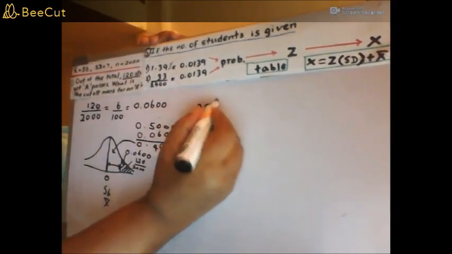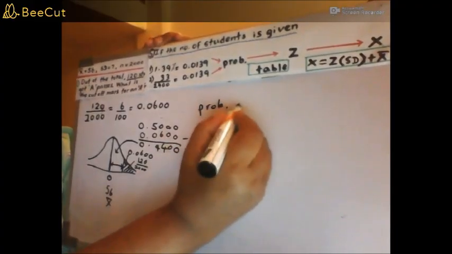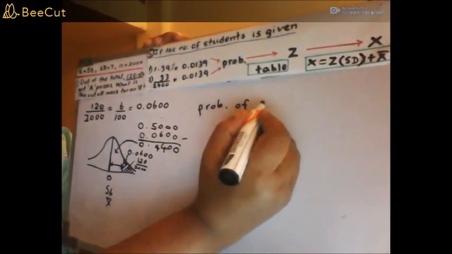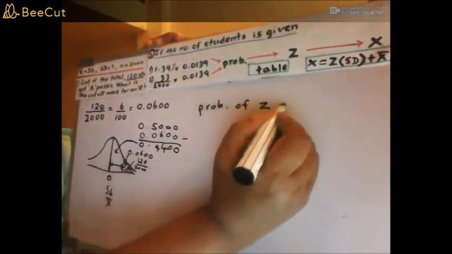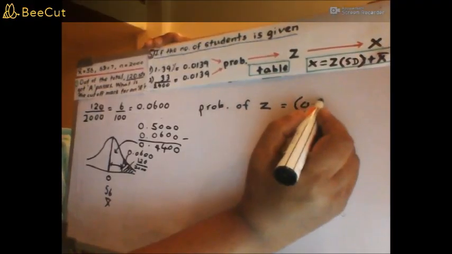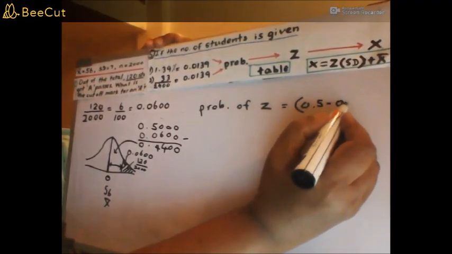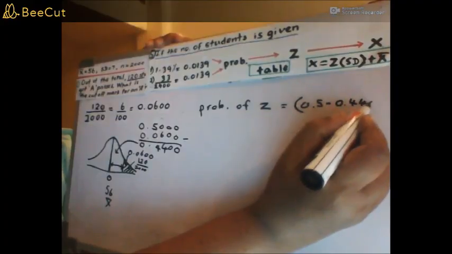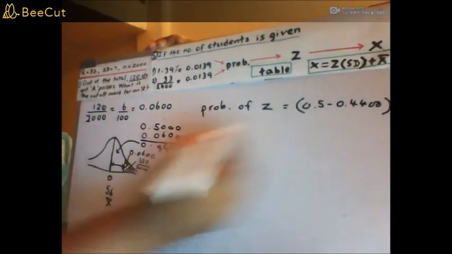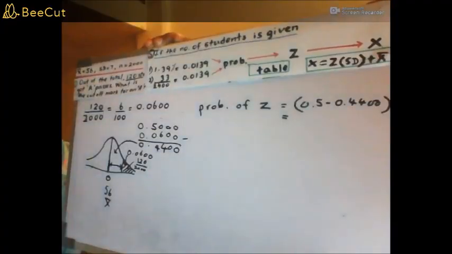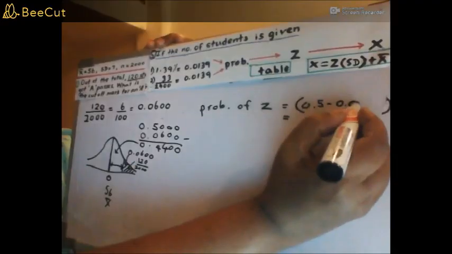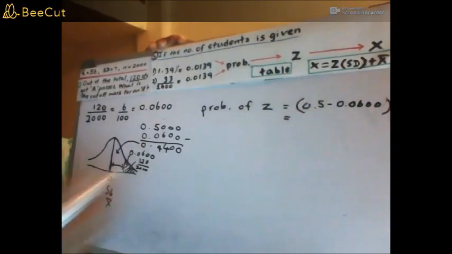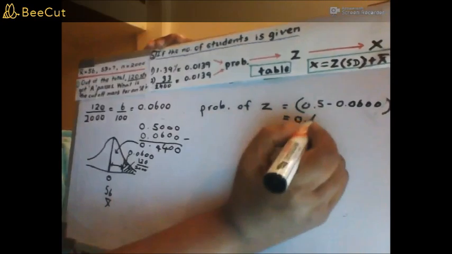So we'll write the lines. Probability of Z is 0.5 minus 0.0600. The answer is 0.4400.